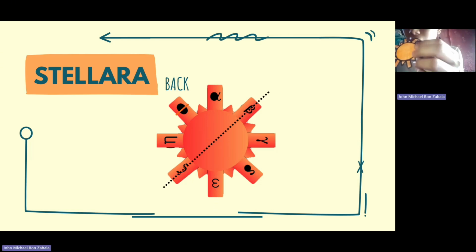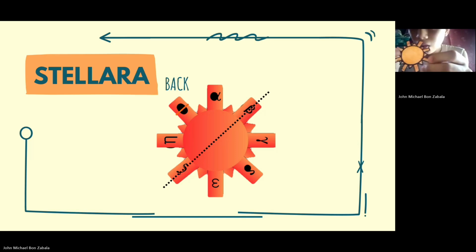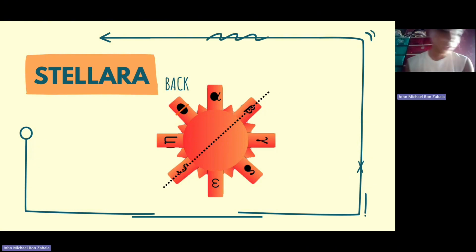Ayan po yung linya niya nung pag-flip po sa kanya. Kasi po, mag-i-interchange po ng position yung theta at yung beta po and yung zeta. Mag-i-interchange po sila, magaganyan po sila flip. Flip po nila pag ganun.